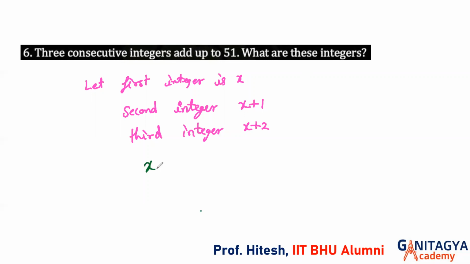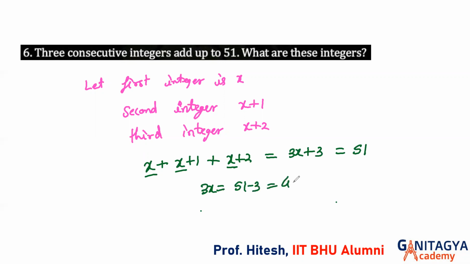So what I'll do: x plus x plus 1 plus x plus 2, it is x plus x plus x, that is 3x plus 3, which is equal to 51. So 3x is equal to 51 minus 3, hence it is 48. Hence x is 48 upon 3, so x is 16.